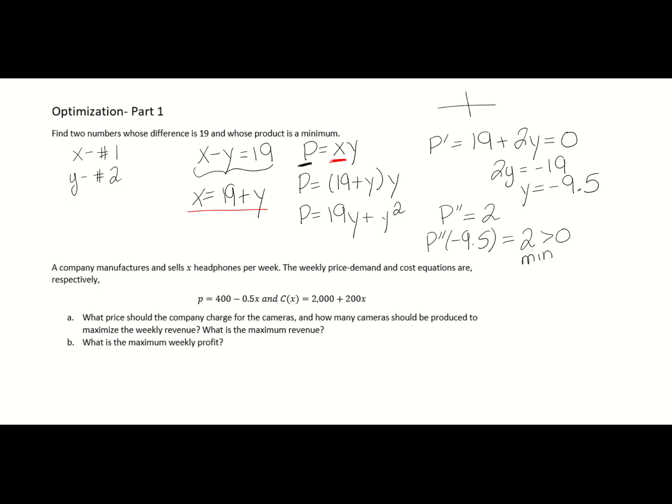So I have the correct minimum at negative 9.5. Now I still need x, so I plug my y back in to solve for x. x is equal to 19 minus 9.5, which will give me a positive 9.5. So my two numbers are 9.5 and negative 9.5.